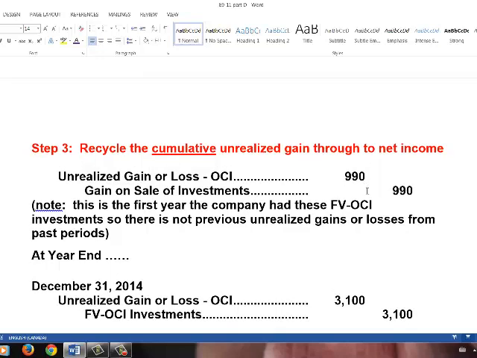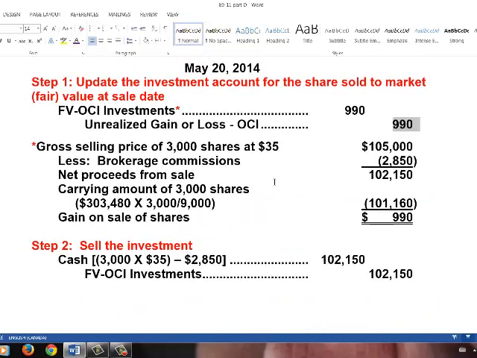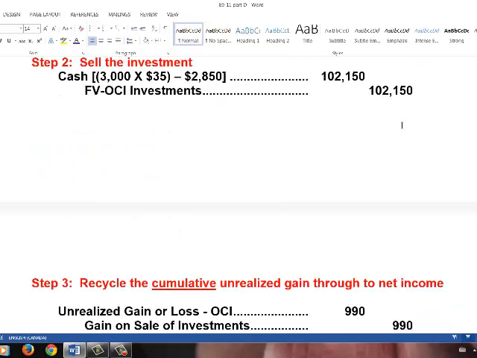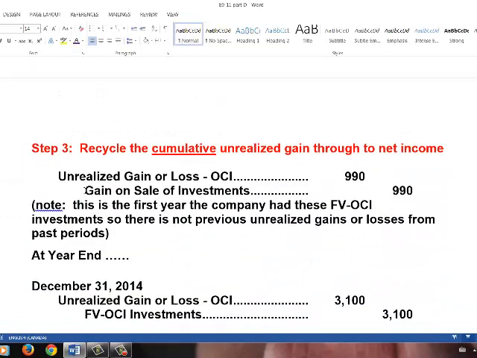So therefore, we're going to remove this unrealized gain through OCI, and in fact a gain because we've credited it for $990. We're going to debit that account and recycle it through to net income, which credits the gain. So we remove it from our unrealized gain or loss in OCI, and then we credit this gain.